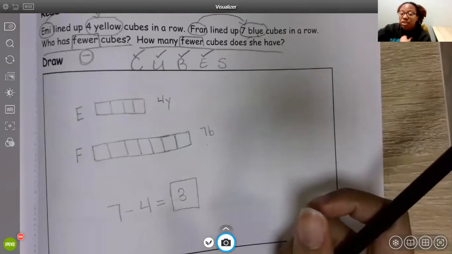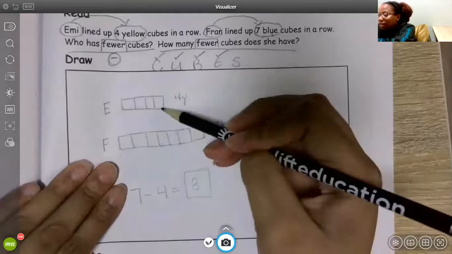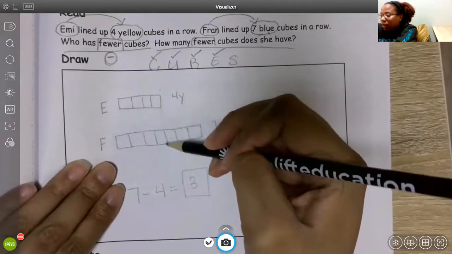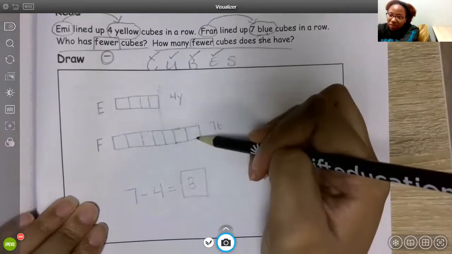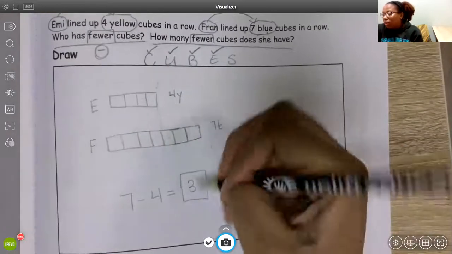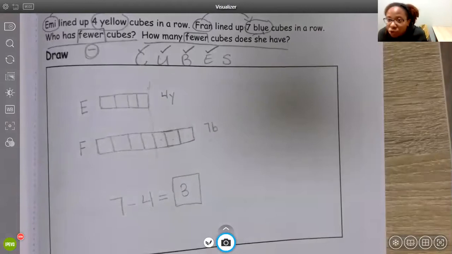But I also checked my work by looking at my picture. So I see that both girls have 4. I know Fran has 7, but she has 3 more than Emmy. So I know that Emmy has 3 fewer cubes than Fran.